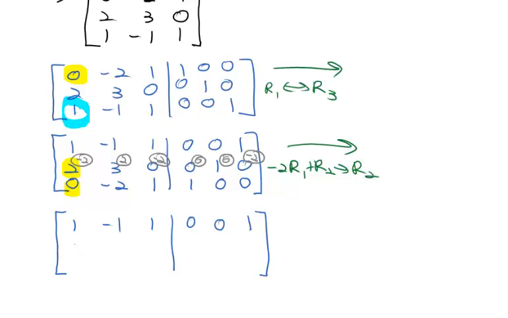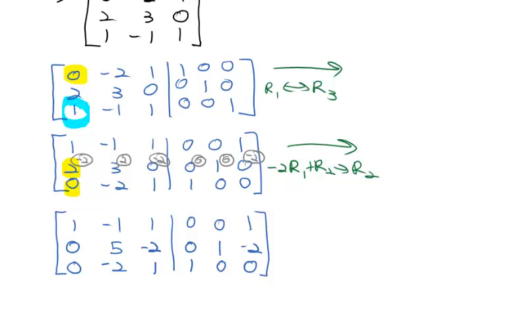Adding those together, we get 0. 3 plus 2 is 5. 0 minus 2 is negative 2. 0. 0 plus 1 is 1. And 0 and negative 2 is negative 2. The bottom row is unchanged. It already had the 0 we wanted, so I'll just copy it down.